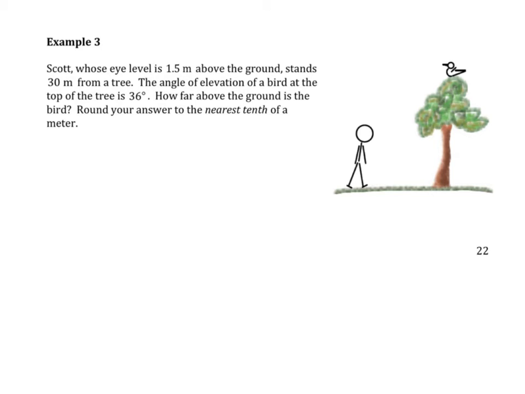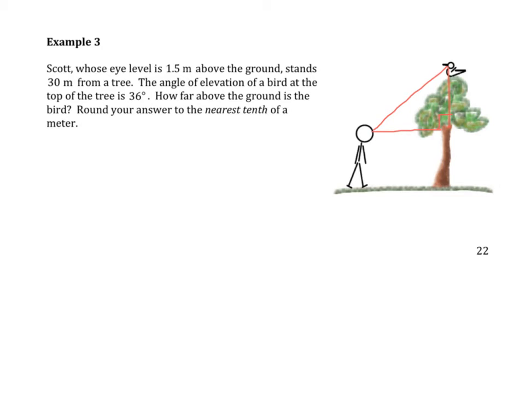This is a trickier problem because we have Scott, who has a height of 1.5 meters above the ground. So his eye level is up higher, and the angle of elevation is between his line of sight to the bird. So here's the right triangle we're going to use.